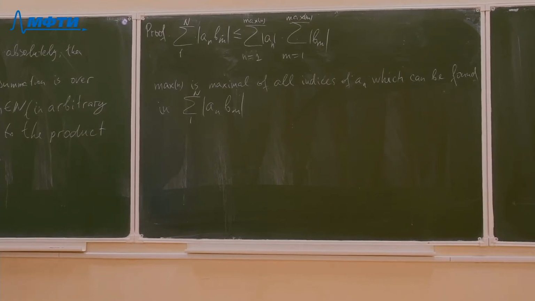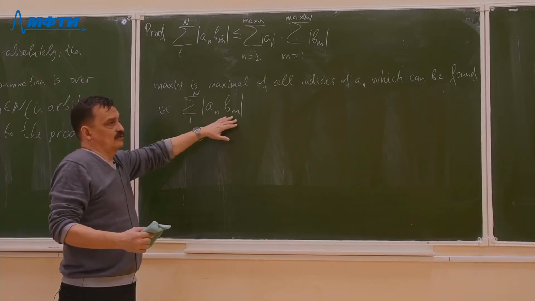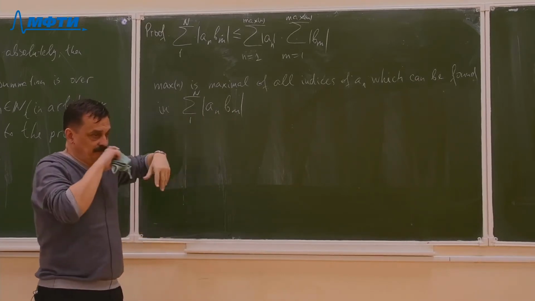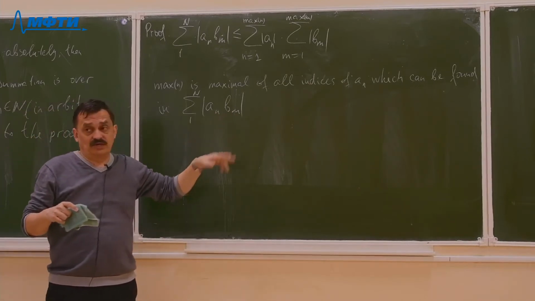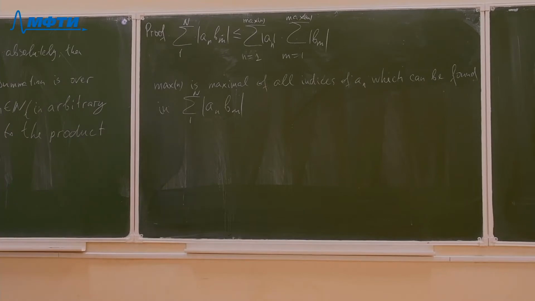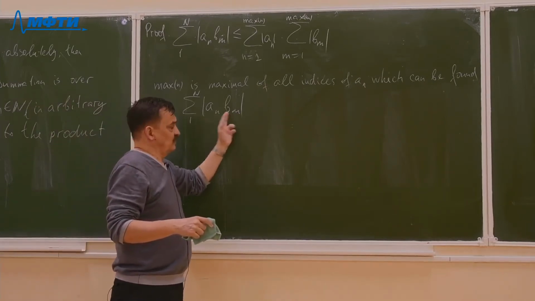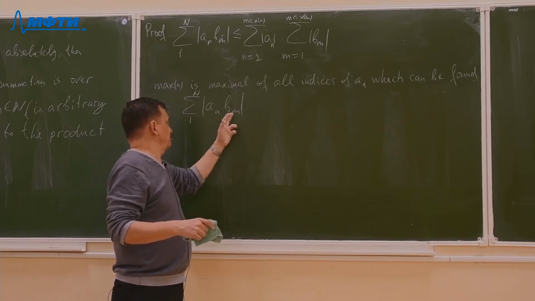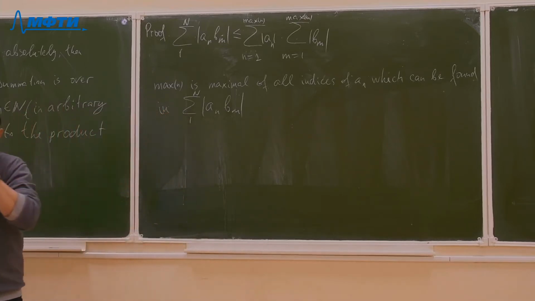So, look, here somehow we order pairs of indices n and m. Of course, one index may happen several times. The same is true concerning the m index. And you see, the order is absolutely arbitrary.